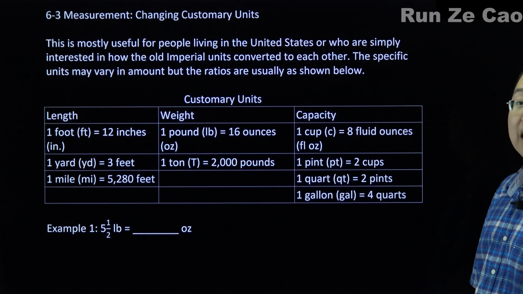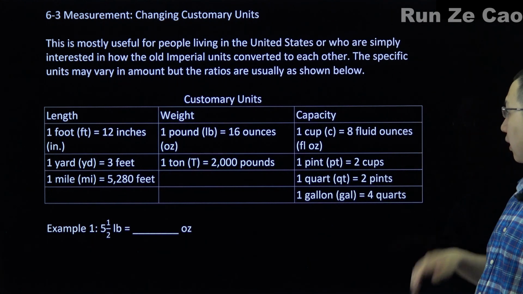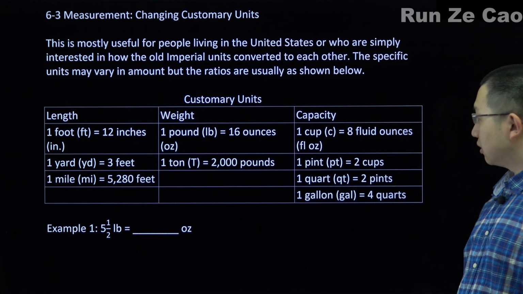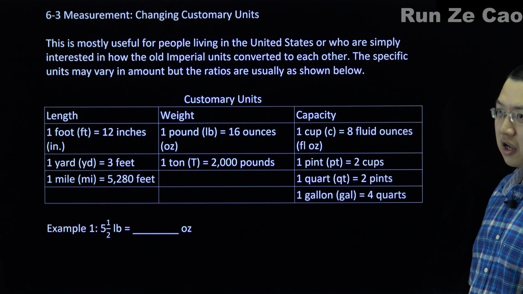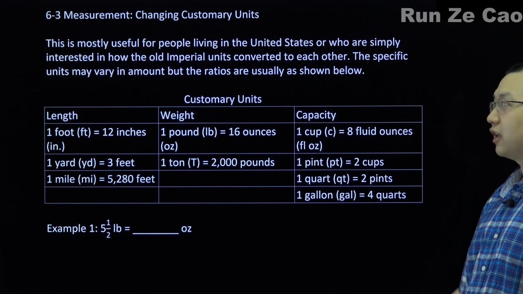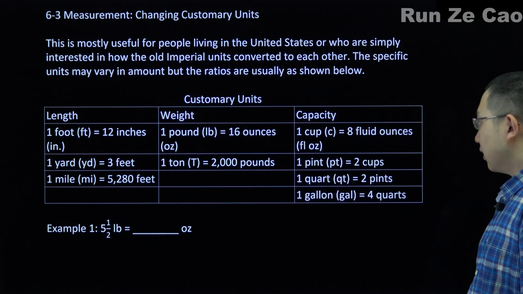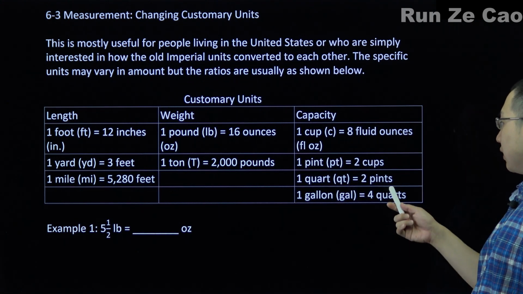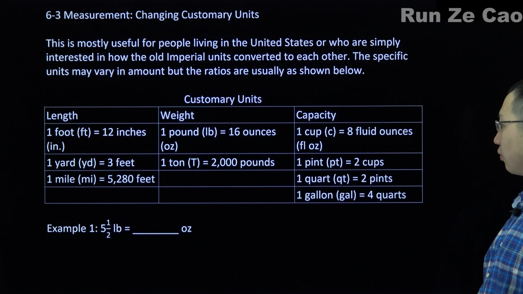Pubs, also known as taverns, by the way, in case you don't recognize the word. It's some place to get something to drink. Yeah, so a pint of beer would be almost 500 milliliters or around 500 milliliters, depending on which pint you're using, of beer. A quart would be 2 pints, it's about a liter, and a gallon is 4 quarts.